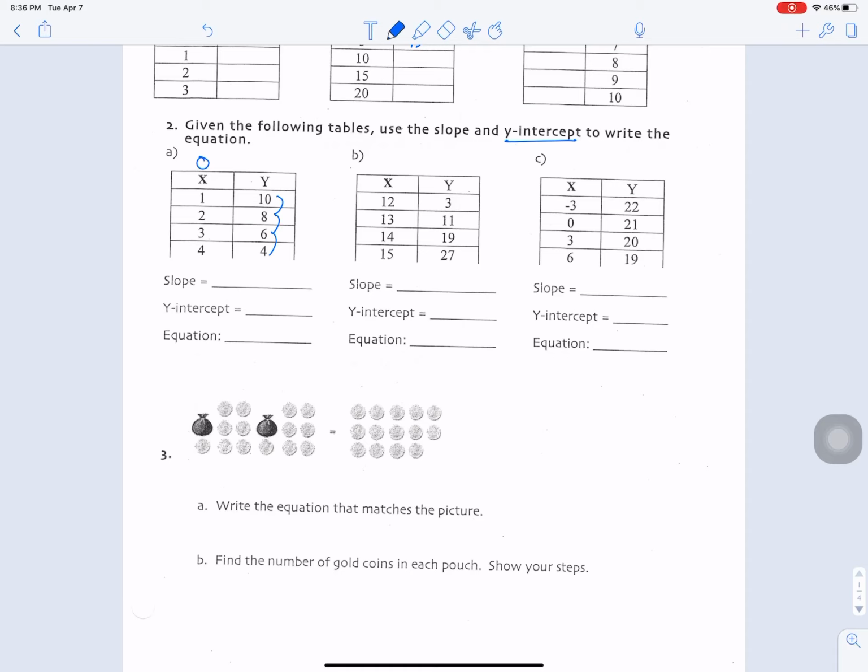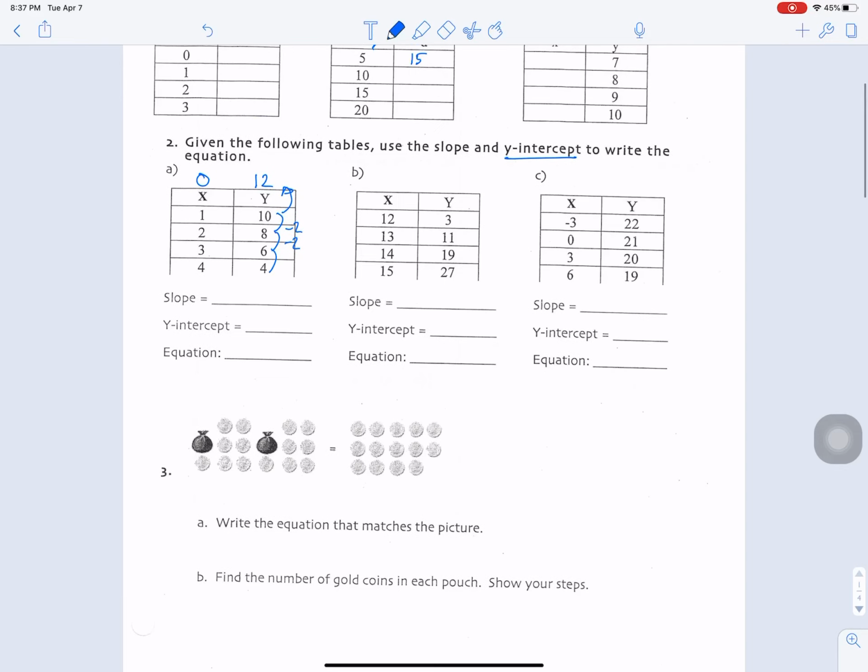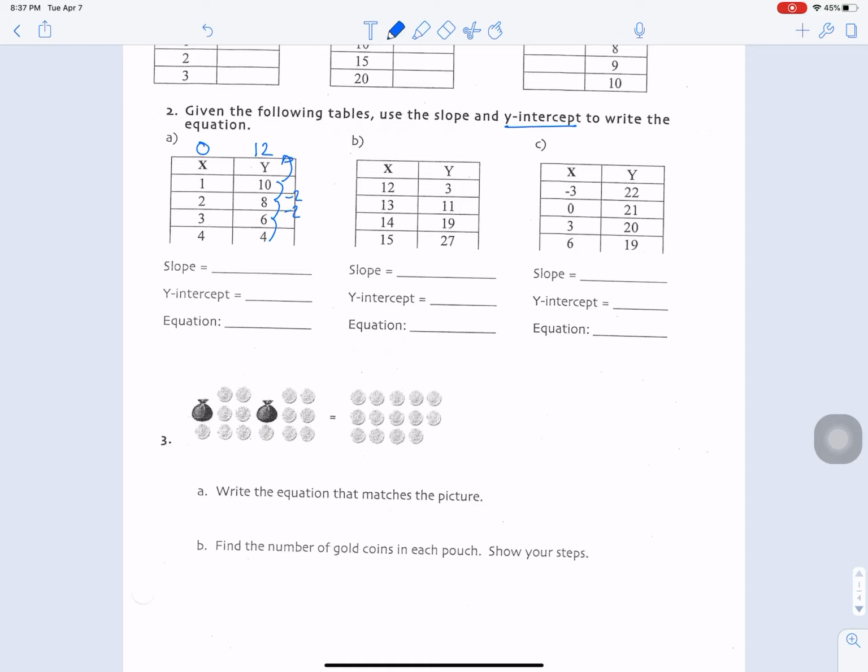For example, this one goes down by 2 each time, so if you want to work backwards to get to 0, you're going to have to add 2. So in this case, if x is 0, y is 12. And notice that every time x changes by 1, y goes down 2. So this is probably a negative slope.